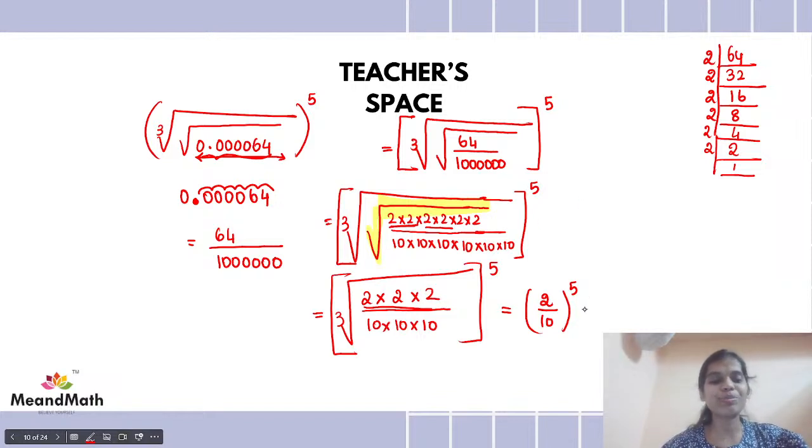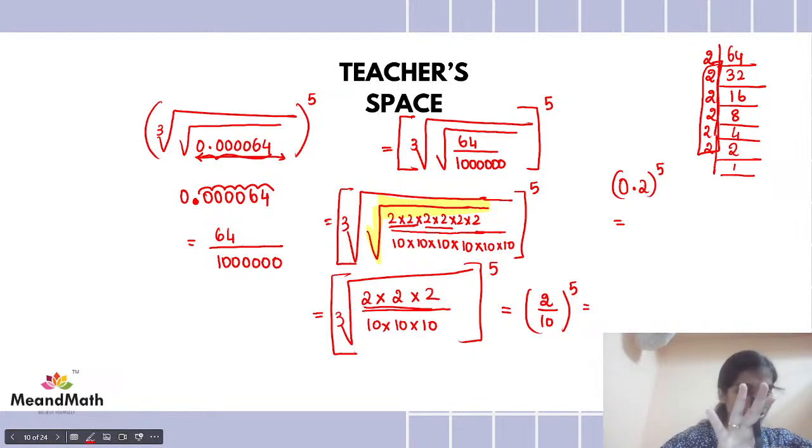What is 2 by 10? 2 by 10 is nothing but 0.2, the whole power 5. So if I multiply 0.2 five times, 2 power 5 is 32. We have that here, right? 2 power 5 is 32. But there are 5 zeros, right? We are raising to the power 5.